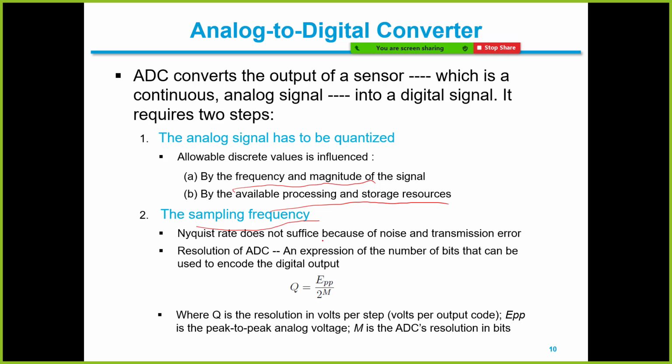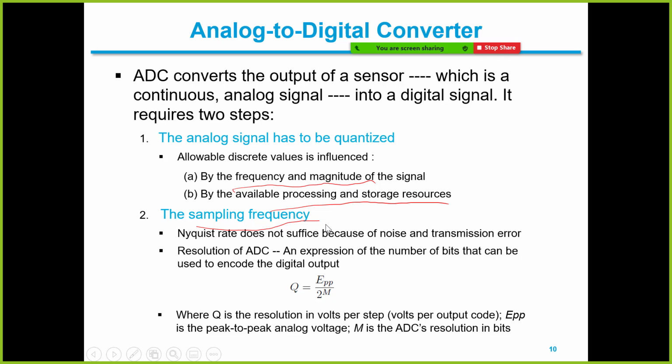If we lose too much information, the converted data may not reflect the original signal, and may not contain enough information for us to process. So this sampling frequency is important.